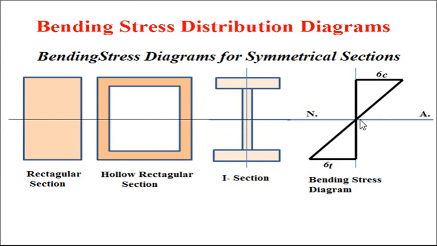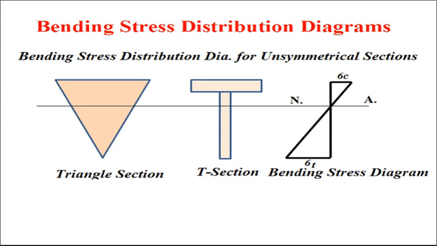In such cases, the bending stress diagram is obtained like this. Sigma C and sigma T are the same, because the extreme fibers, this point and this point, are at the same distance from the neutral axis.